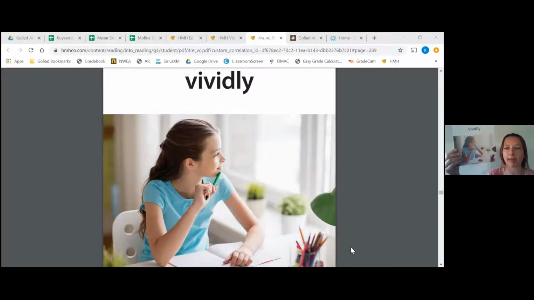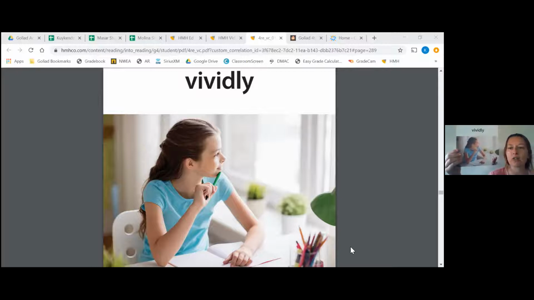The sentence says, as she wrote a story about her summer vacation, Nora vividly remembered her family's trip to the beach. Use your context clues to figure out the meaning of vividly. Vividly means clearly.